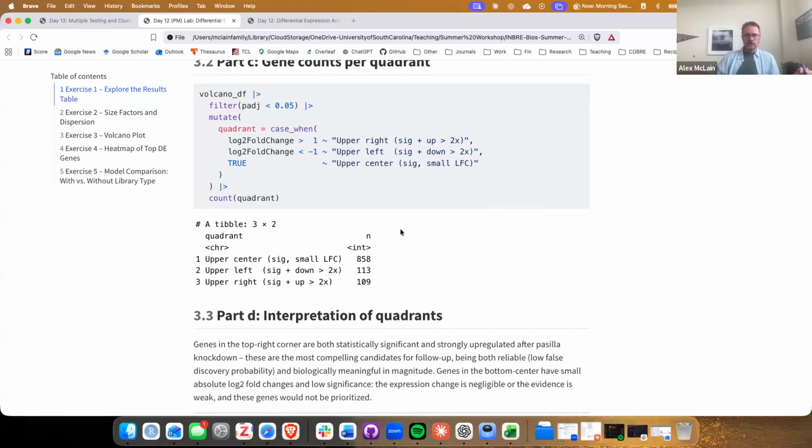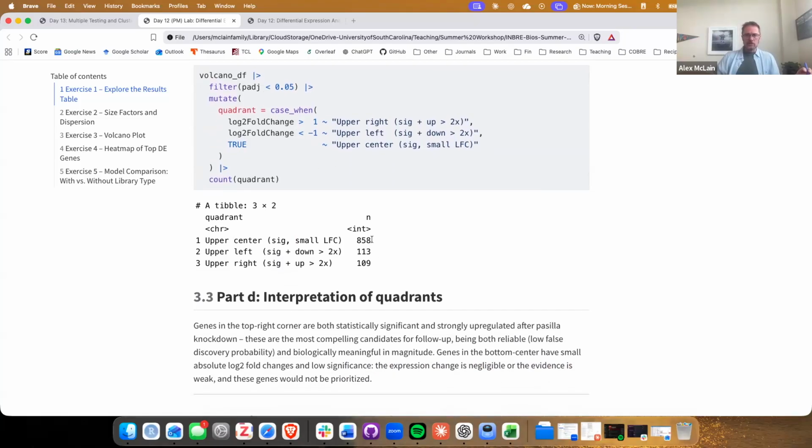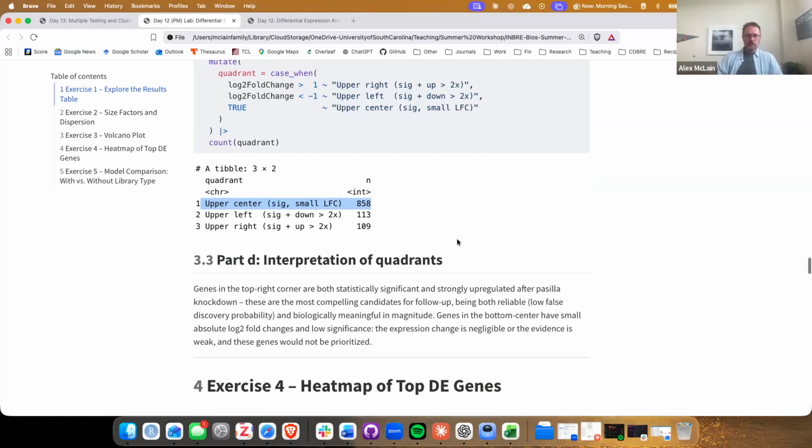How many are significant in the middle? These ones in the center are ones that we would not want to pay attention to. Those are ones that have small log2 fold change. Upper left, 113; upper right, 109. So in terms of how many are up and down regulated that are actually important, it ends up being relatively similar.